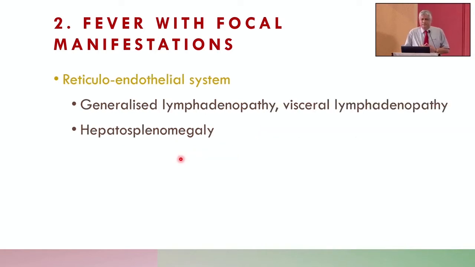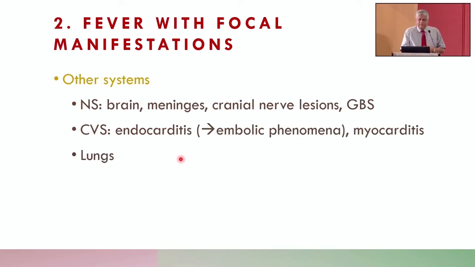If you look at the involvement of the reticuloendothelial system, they can get generalized lymphadenopathy, even visceral lymph nodes like mediastinal lymph nodes, and liver and spleen enlargement. It can happen in about 20% of patients who get brucellosis. Other systems are affected very uncommonly, maybe 2% or so, less than 5% anyway.